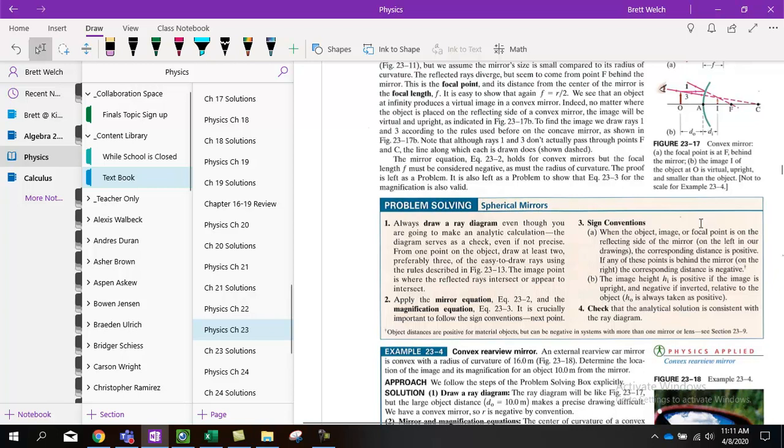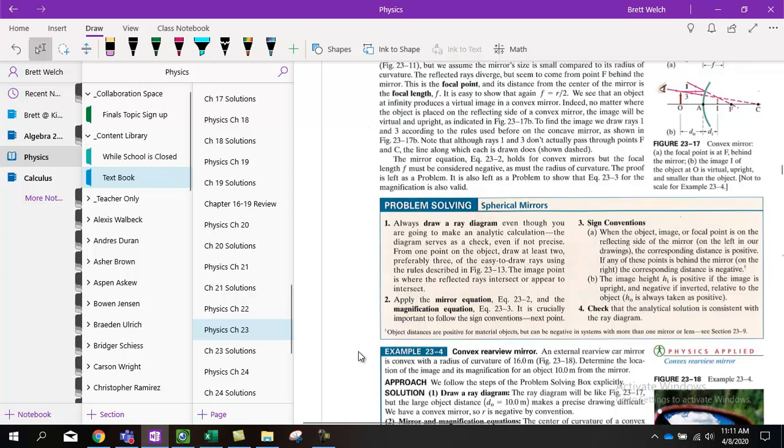When the object, image, or focal point is on the reflecting side of the mirror, on the left for our drawings, typically we draw them on the left, then the corresponding distance is positive. So for concave, the focal length will be positive. Convex, the focal length will be negative.